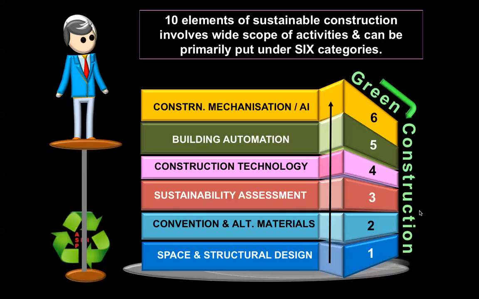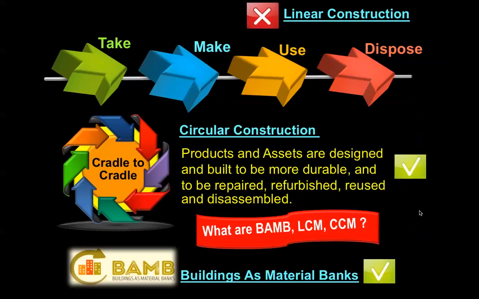Now, when we start taking the elements of parameters into consideration, and also take the advancements that we saw in the previous slide, then we understand that linear construction, where we take, make, use, and dispose, doesn't hold good. It's not possible now.